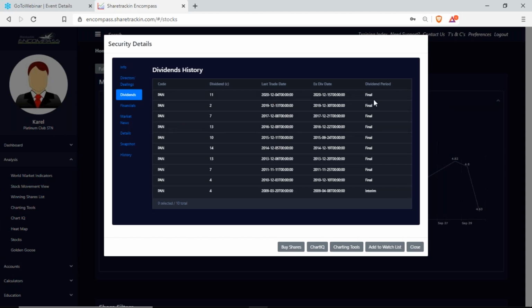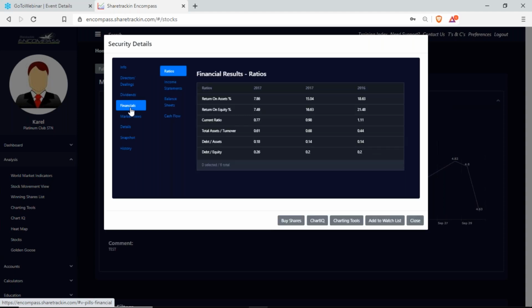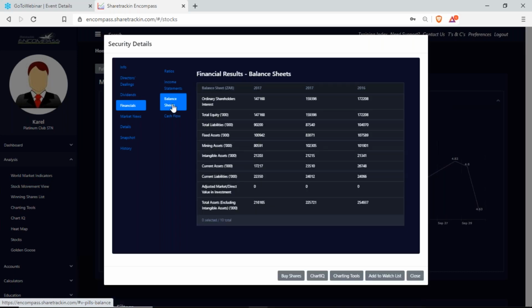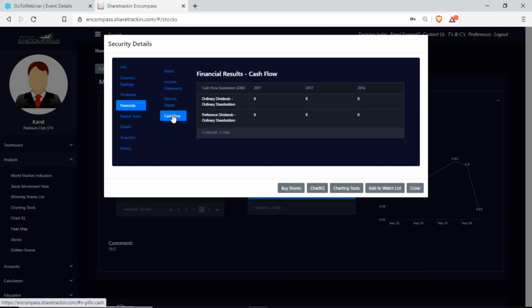Was it a final dividend or was it in the middle, an interim? Next is my financials. Here I can see the ratios of the company, the income statements versus their balance sheet, and also their cash flow.